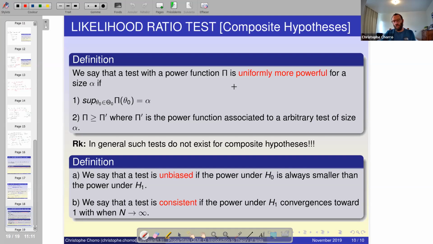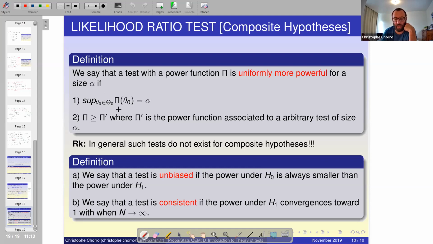When I am in this situation, the idea is how to compare tests, but the idea is always the same. I say that a test is the best possible in the sense that it is uniformly the most powerful one, if for a fixed size, its power function is always greater than the power function of other tests of the same size. So here the idea, once again, is to compare two tests fixing a level, the level that is defined here, that is the supremum of the power function on theta 0.